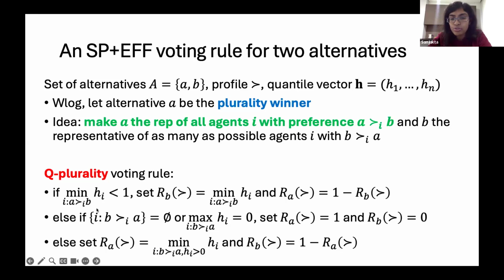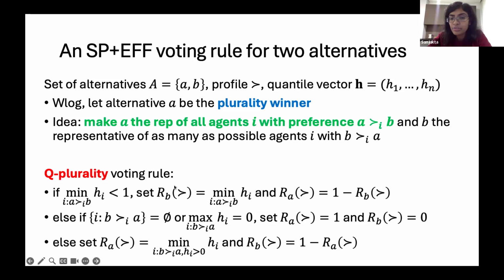To do so, the voting rule should assign probability 1 minus hi. So if agent i has A as a representative, the probability assigned to A should be at least 1 minus hi.